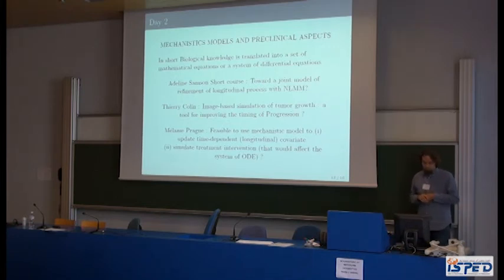Then Mélanie Prague. I have some questions here. Is it feasible to use a mechanistic model to update a time-dependent longitudinal covariate? We have missing data, for example, and we can maybe use this mechanistic model as a nice way to impute data. But as you see there, in the joint modeling, we don't have lots of measurements.